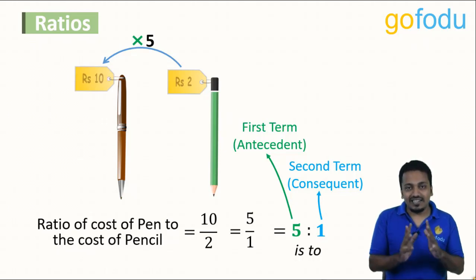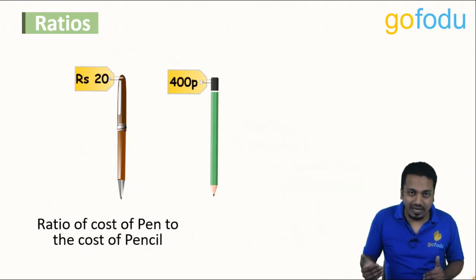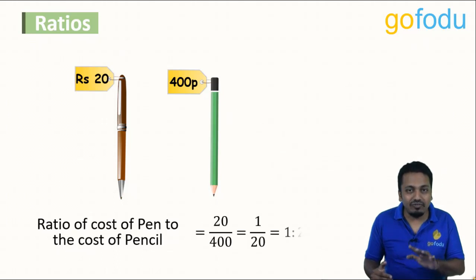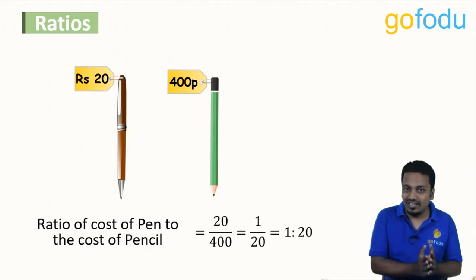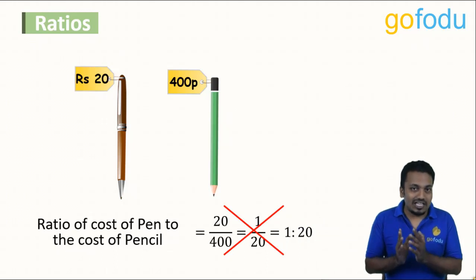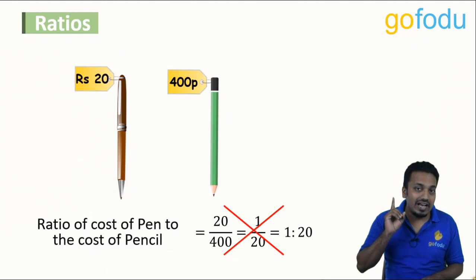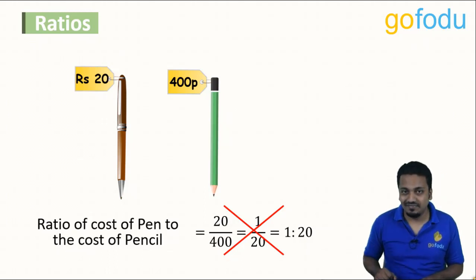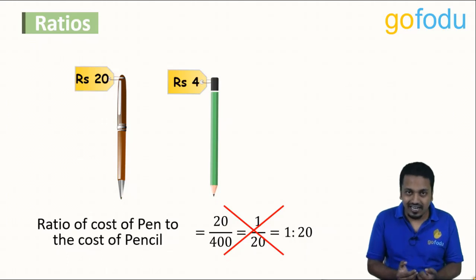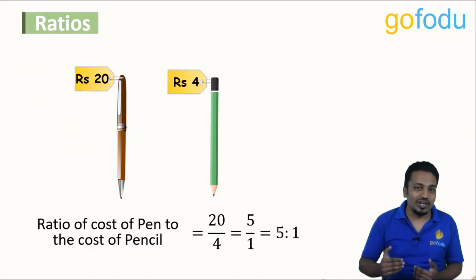If I change the rates to 20 rupees and 400 paisa, now the ratio will not be 20 upon 400 or 1 is to 20. This is not the correct ratio now. To express as a ratio, the two quantities should have the same units. 400 paisa is 4 rupees and the ratio is 20 upon 4 or 5 is to 1 only.